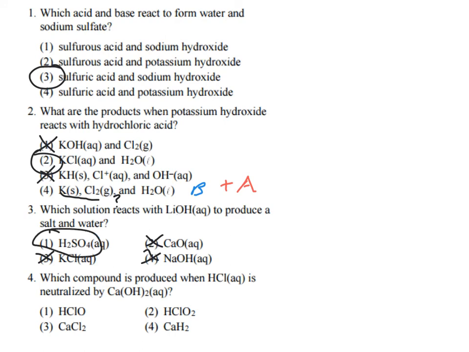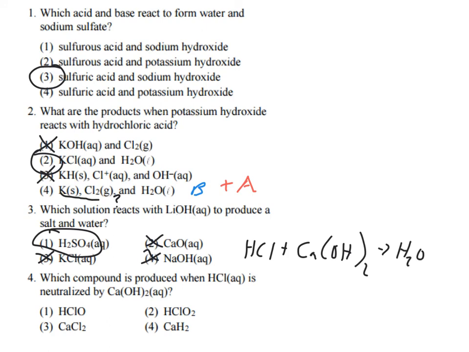Which compound is produced when hydrochloric acid is neutralized by Ca(OH)2, or calcium hydroxide? So I definitely should be writing those out really quick. Ca(OH)2. We should know that I get water.